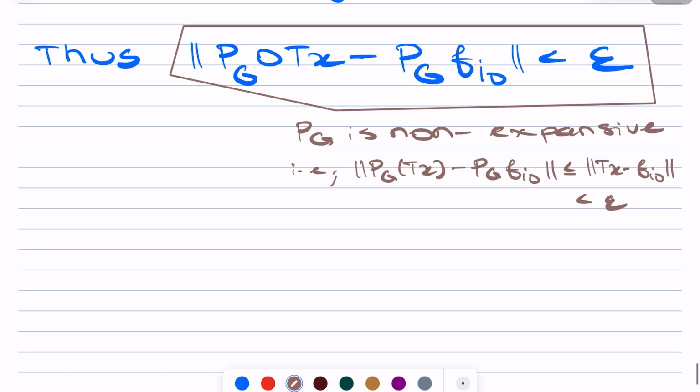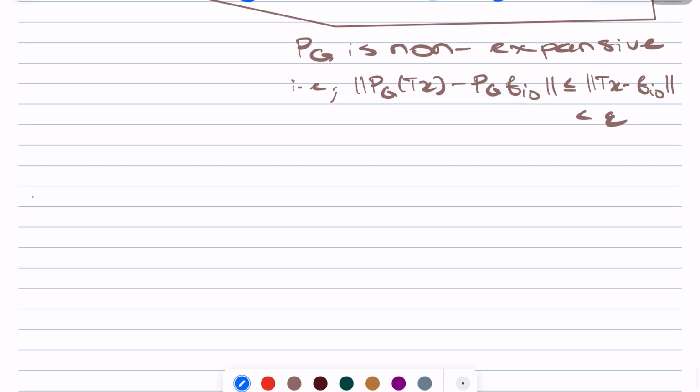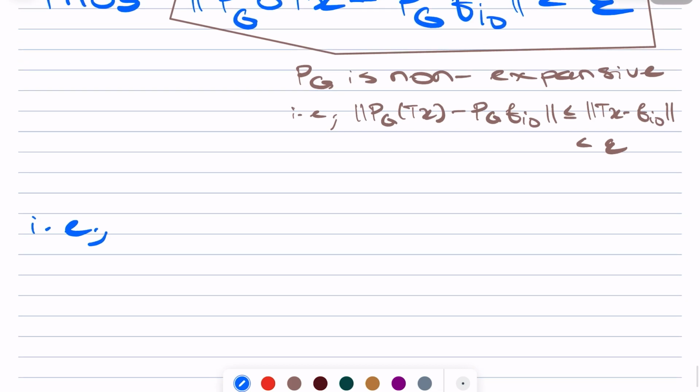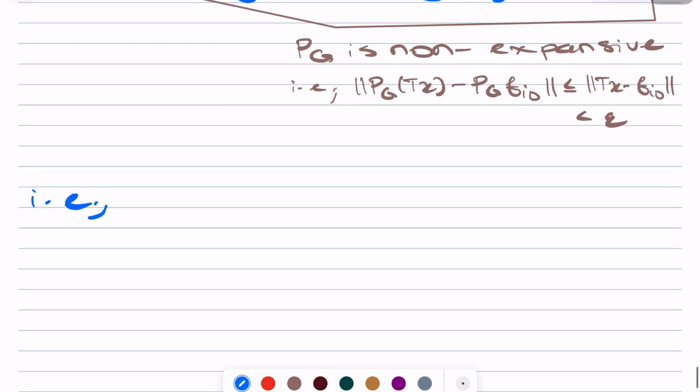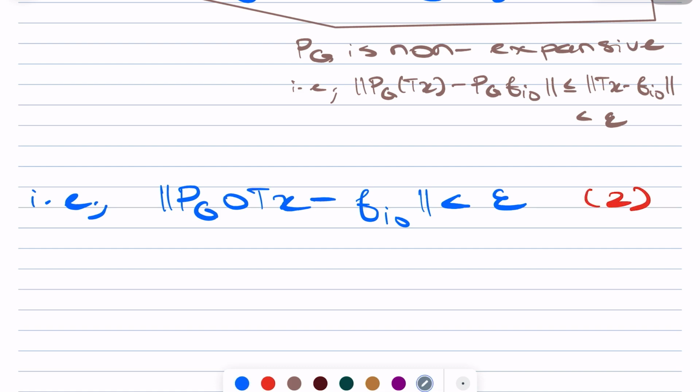Because Fi0 is an element of G, the projection of Fi0 is Fi0 itself. So the norm of this minus Fi0 is less than epsilon. I call this relation 2. If you project any element of the space onto itself, you get the same thing.